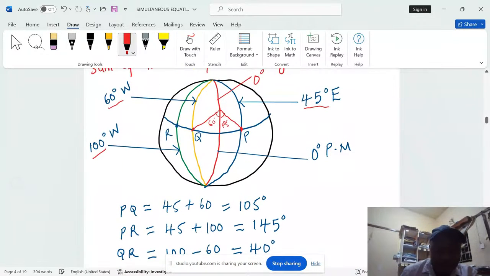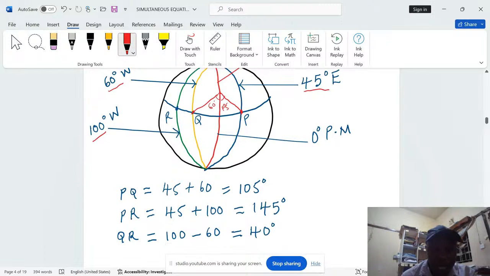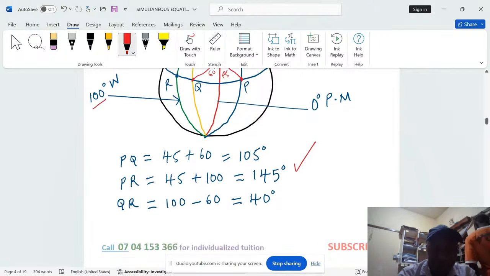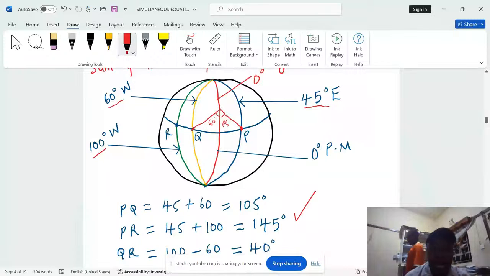Then there is also P and R, whereby P is to the east, 45, and R is to the west, 100 degrees. Therefore, again, we add. So the longitude difference between P and R will be the addition, giving us 145. There is also Q and R. For Q and R, they are on the same side of the prime meridian, that is, they are both to the west.